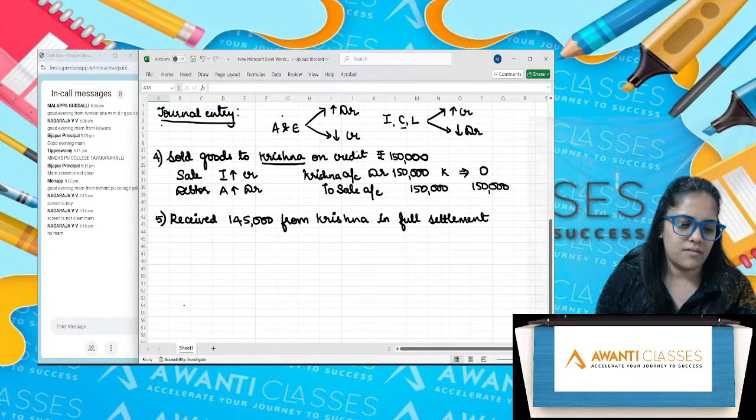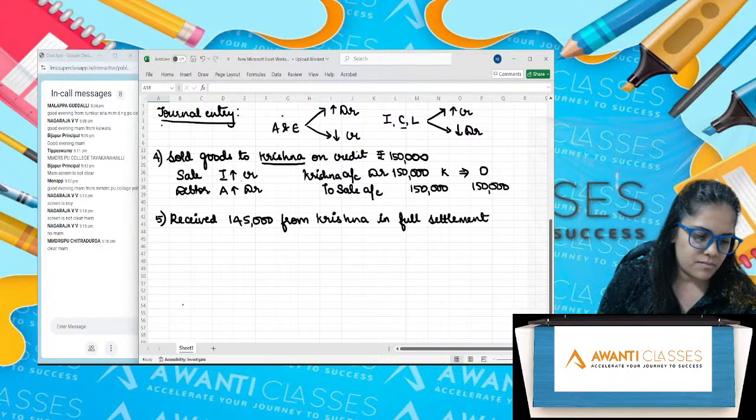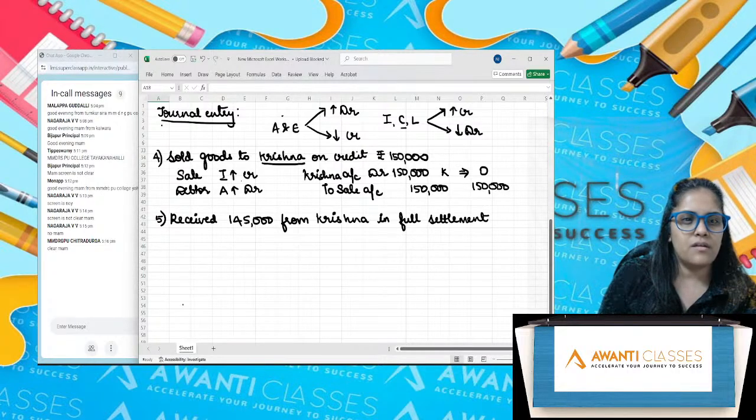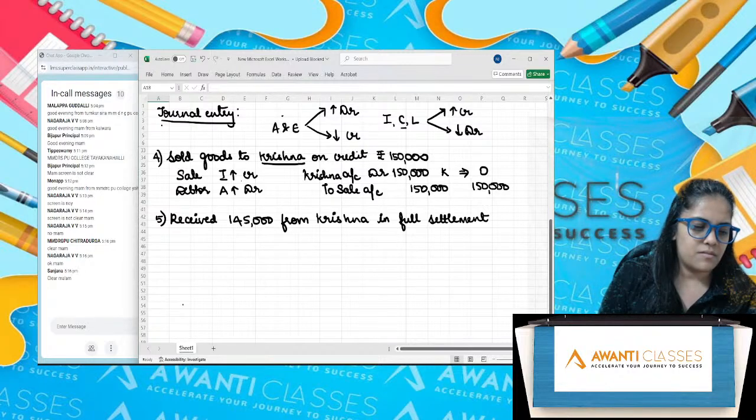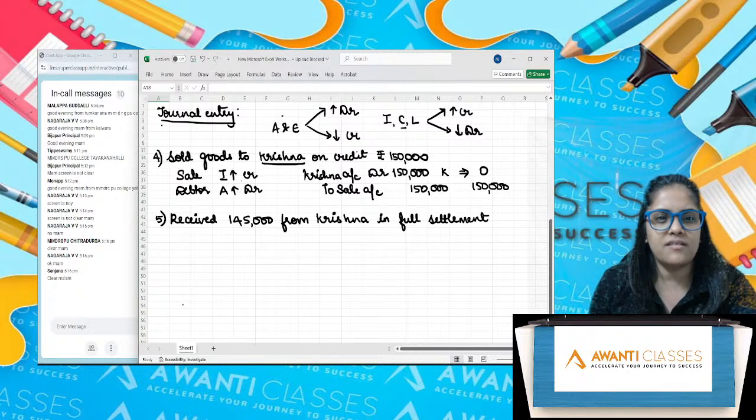Just give me 1 minute. They are checking. Okay, the others are saying that the screen is clear.